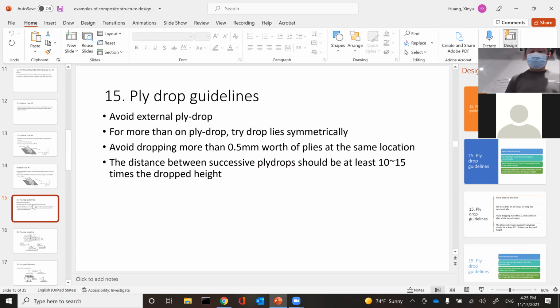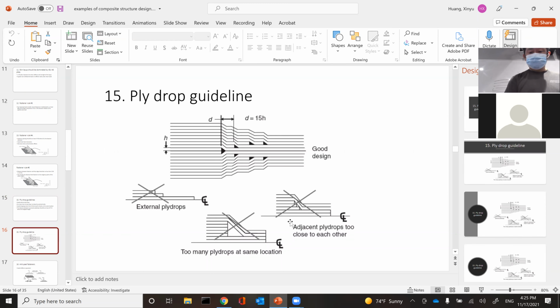If it's a 0.5 millimeter drop, you want them 5 millimeter spaced out. So this D here is the successive distance between ply drops. H is the vertical drop you get by removing a ply, and D should be 15 times H. The next drop should be 15 H away, so this is spread out.